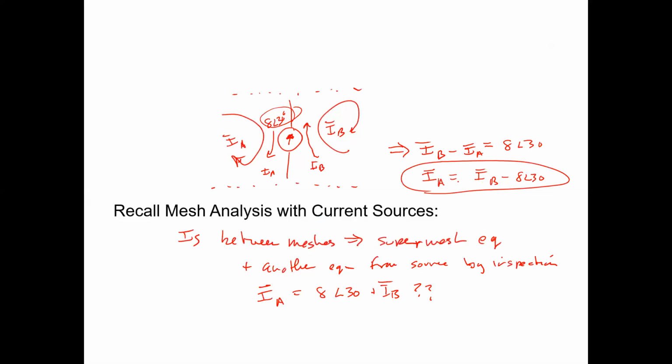So it's this one here. But actually, I don't even write it that way. I just write it as, we know the net is this one: IB going up minus IA going down has to result in 8 angle 30. Okay, questions?